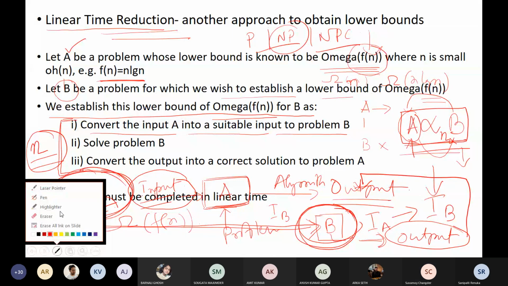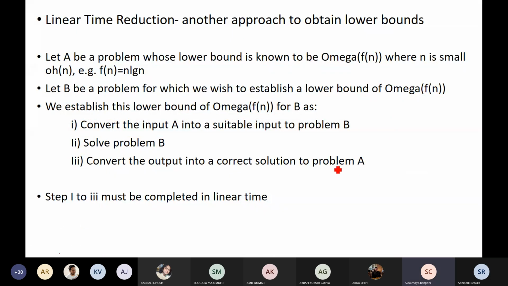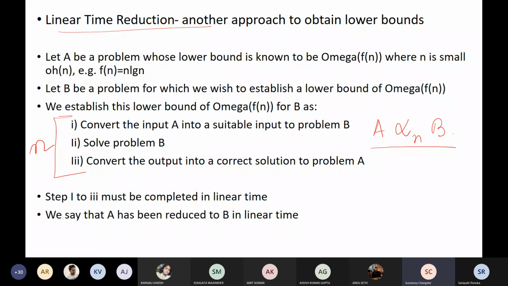So a problem A can be reducible to B if we follow these three steps, and this is known as linear time reduction, if it can be reduced in a polynomial of n. So we say that A has been reduced to B in linear time, and already I have written that this is denoted as this.